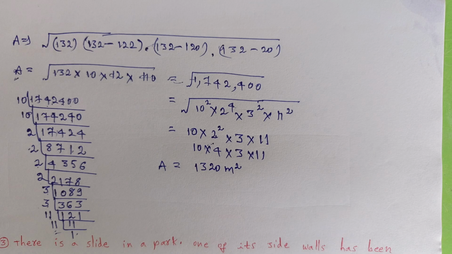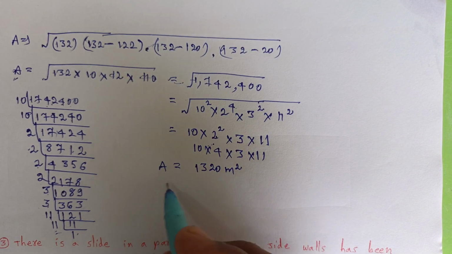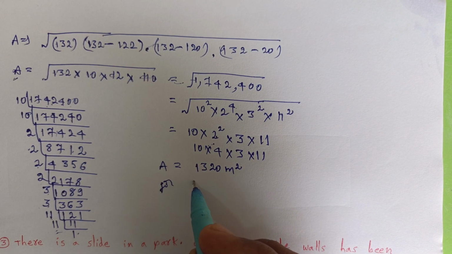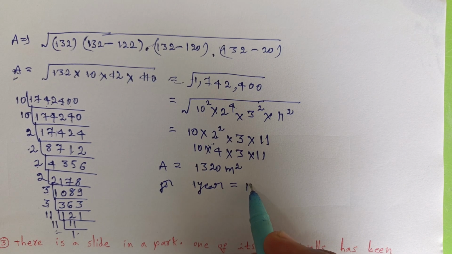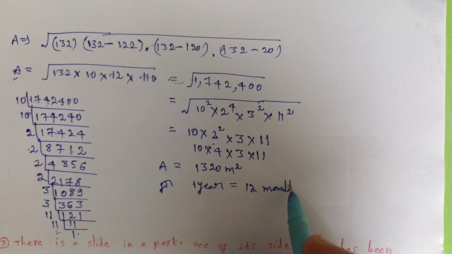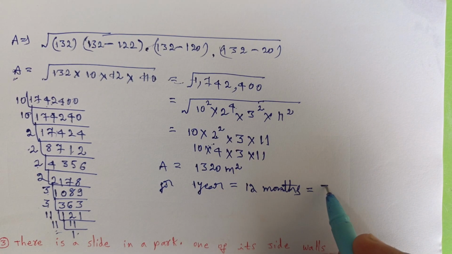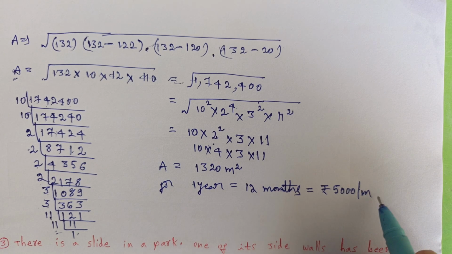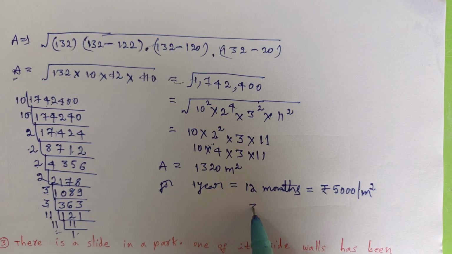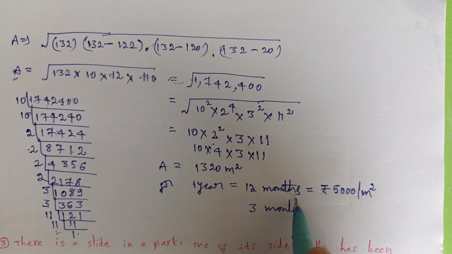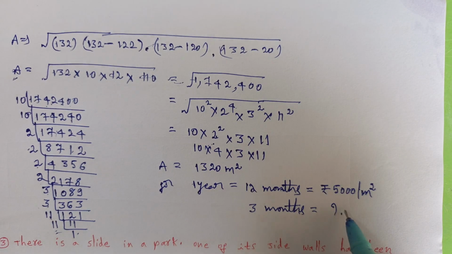Now coming to the cost calculation for 1 year. That means 12 months, in other words. In terms of months, if you convert 1 year equal to 12 months. So for 12 months, 5000 per meter square. 5000 rupees per meter square is the cost. Then for 3 months, how much amount that company has to pay? So here I am assuming x.